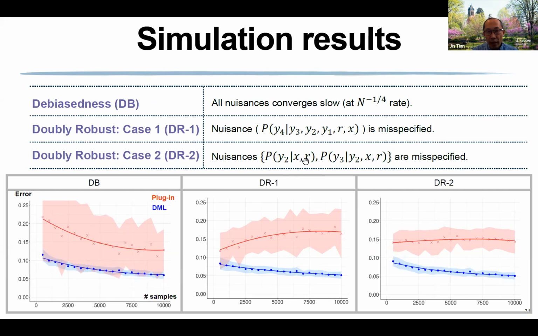And we also simulate another situation. These groups are misspecified and all the others are correctly estimated. The plugin estimator also uses these two nuisances, so it will have a problem, and our estimator is still relatively robust.